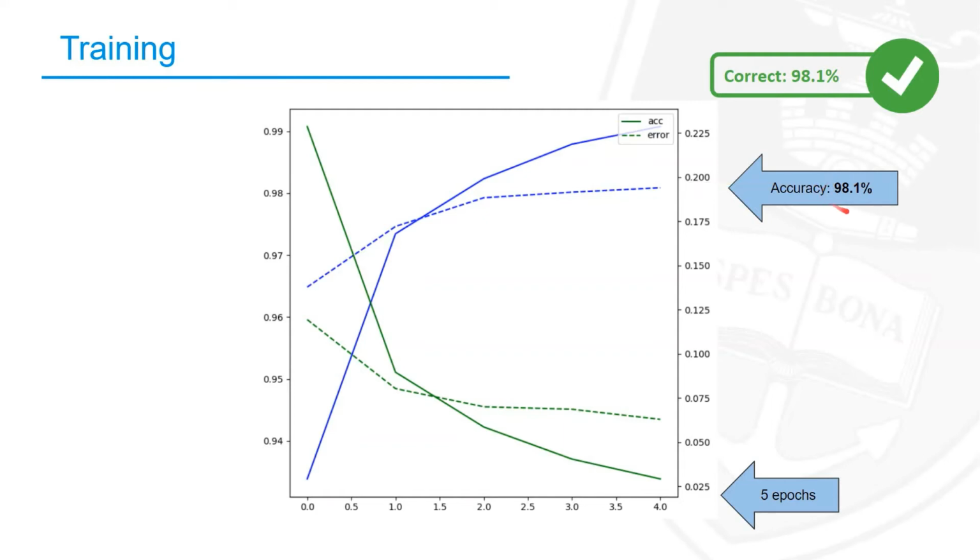As you can see, at the end of 5 epochs, we have managed to achieve 98.1% accuracy. And what this means is that every item in the testing set that was never seen before during the training managed to achieve the correct classification 98.1% of the time, which is really, really fantastic for a feed-forward neural network on such a large data set.